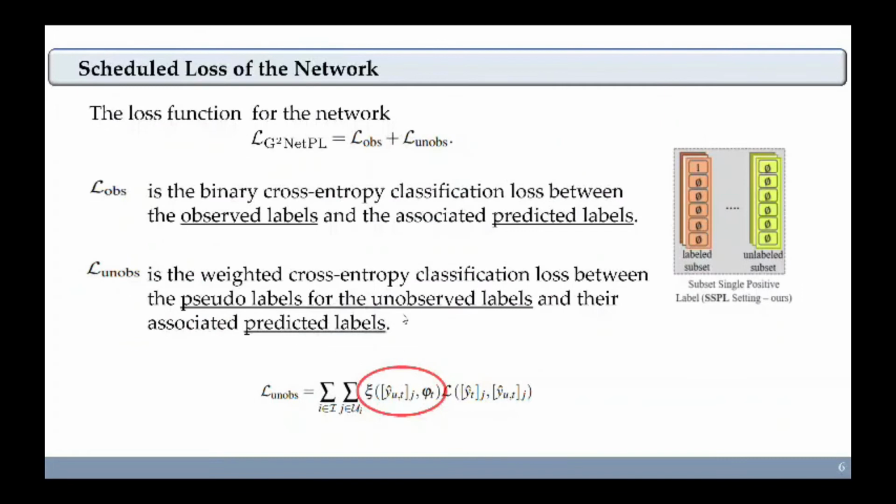predicted labels. However, we use a scheduler for curriculum learning to balance the contribution of the unobserved label to the total loss, and also we need to avoid the negative impact of false pseudo labels on our total loss.